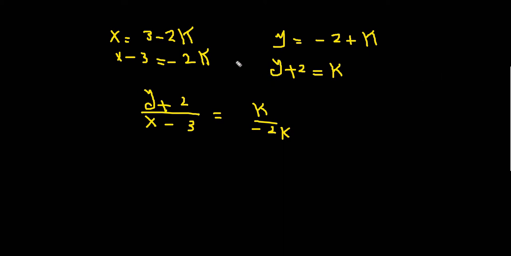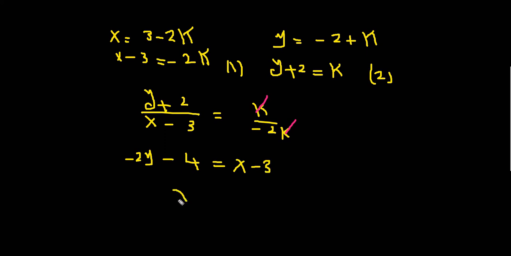When we divide the second equation by the first equation, cancel k with k. With cross multiplication, we get negative 2y minus 4 equals x minus 3.